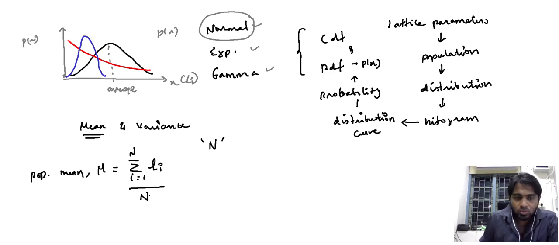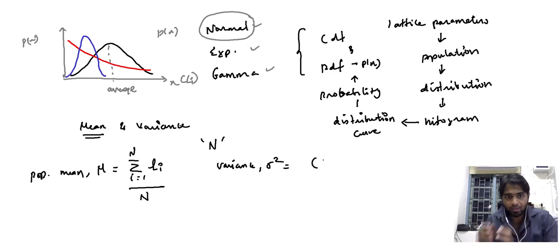Now it is also possible for us to describe the variance. The mean describes where your function is centered, and the variance describes the spread of your function. This variance, sigma square, is described by the difference between the individual lattice parameter and the mean.